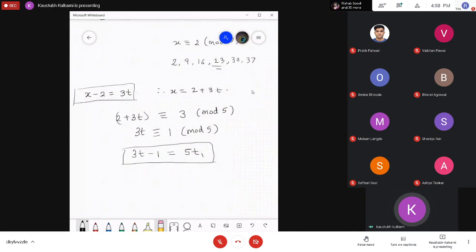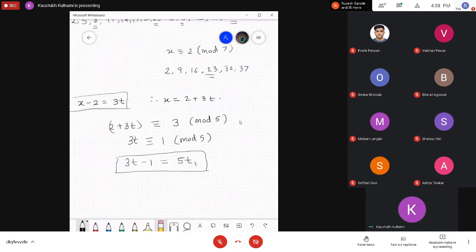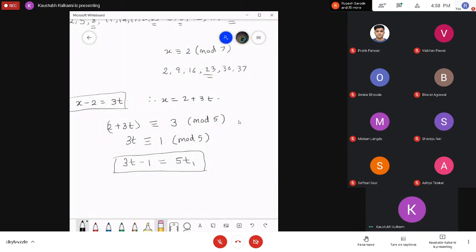And now the third one is x is congruent to 2 mod 7. x is 2 plus 3t, so 2 plus 3t is congruent to 2 mod 7.